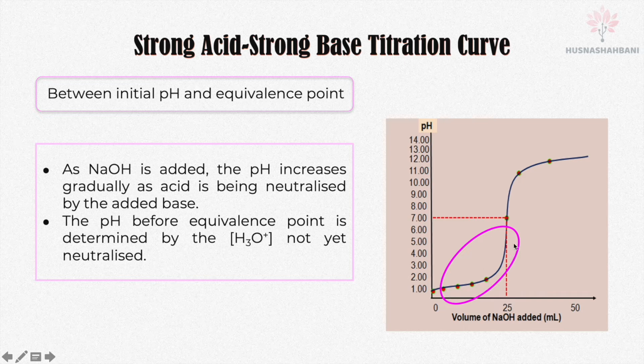So the pH before the equivalence point is determined by the concentration of H3O+ that is not yet neutralized. It means not all H3O+ reacted with OH- from NaOH, because before the equivalence point, OH- is the limiting reactant.